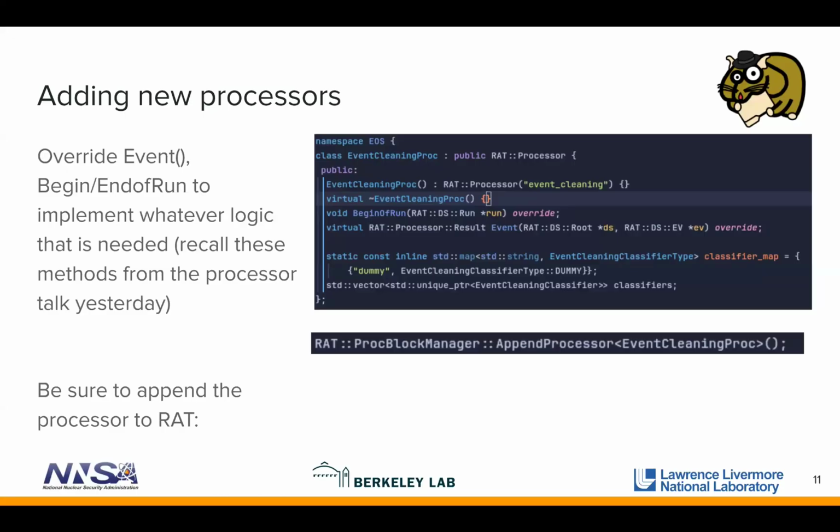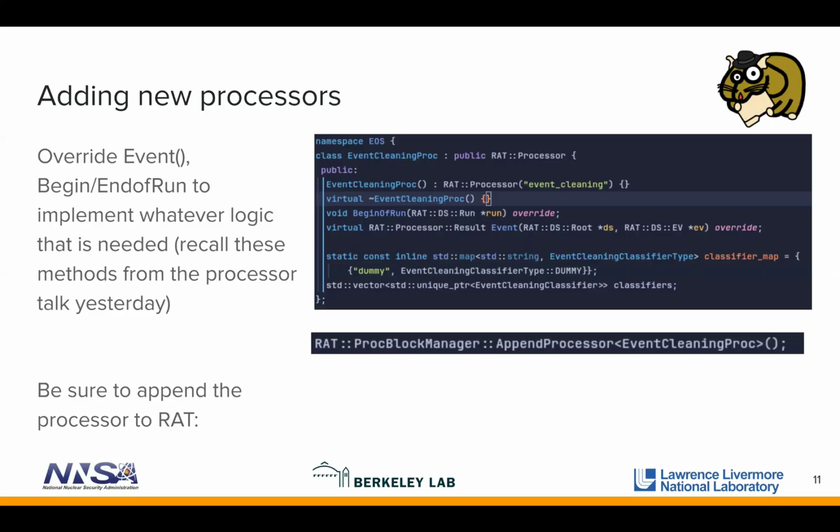Instead of putting them directly in the rat processor block manager, you would add a line in your private experiment script that appends it to the processor via method instead. And yeah, it's pretty straightforward to do that.